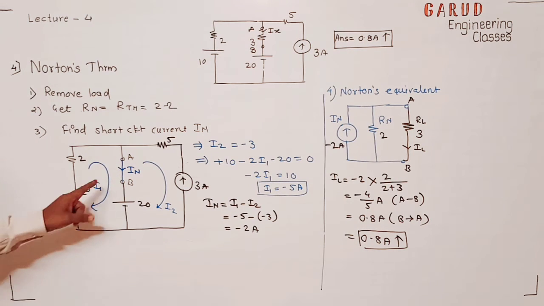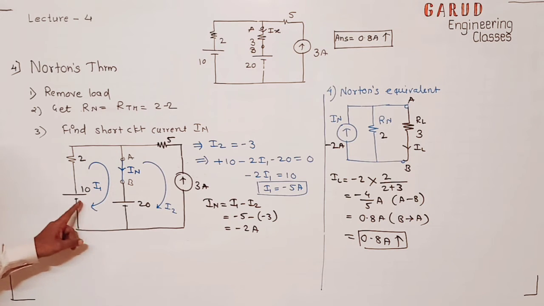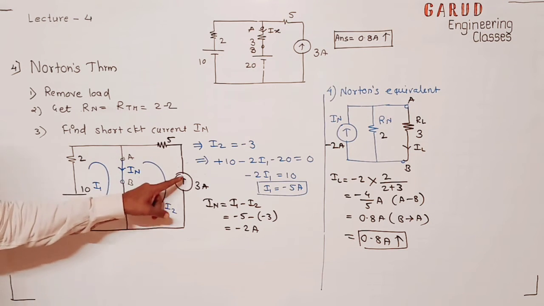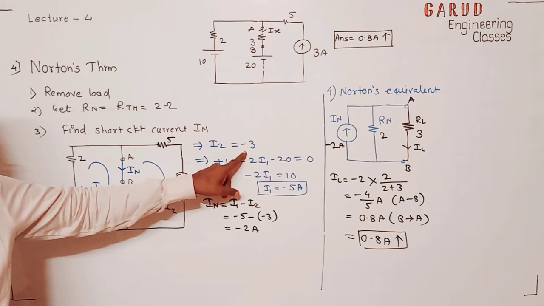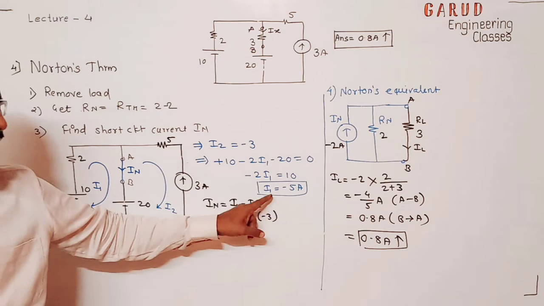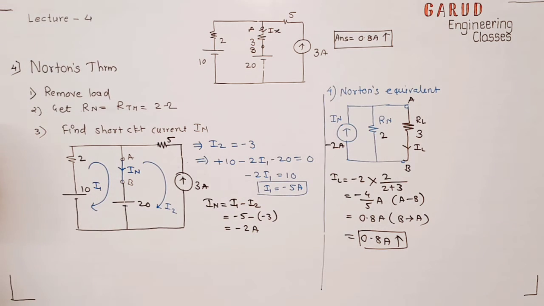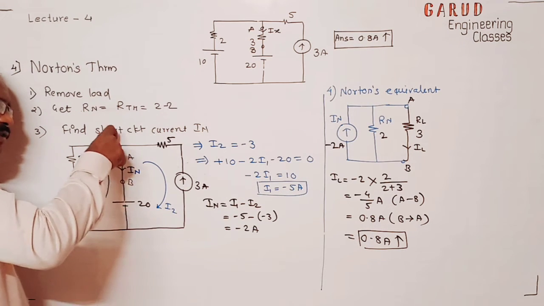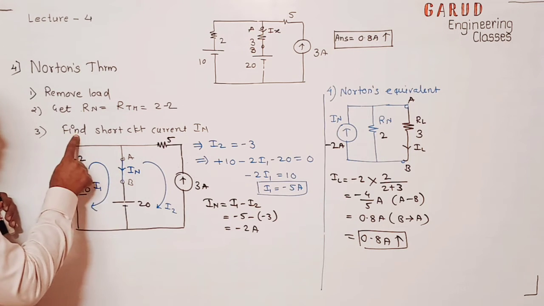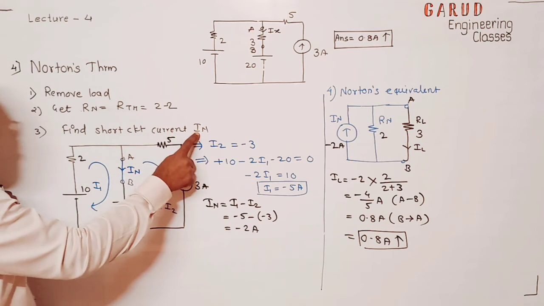Now we have to find the short circuit current. If I apply KVL, simply KVL here, this current is already known, so I mentioned it is minus. If I write KVL, there is only one resistor, and here I get the I1 value. Now the important thing is this particular branch is the sharing branch, so you want the Norton current.